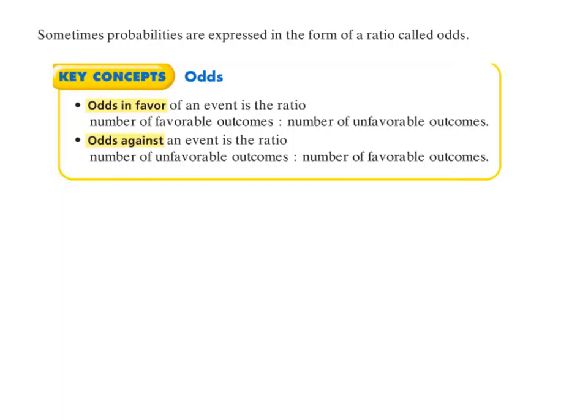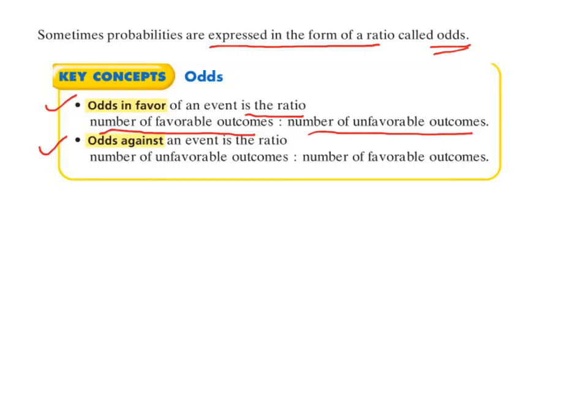Sometimes probabilities are expressed in the form of a ratio called odds. There are 2 types of odds, odds in favor and odds against. Odds in favor of an event is the ratio of the number of favorable outcomes to the number of unfavorable outcomes.